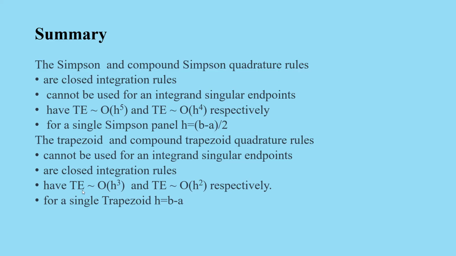The truncation error for the single trapezoid is approximately h cubed, and for compound trapezoid, approximately h squared. For the single trapezoid, the step size is found based on this equation, h equals b minus a.